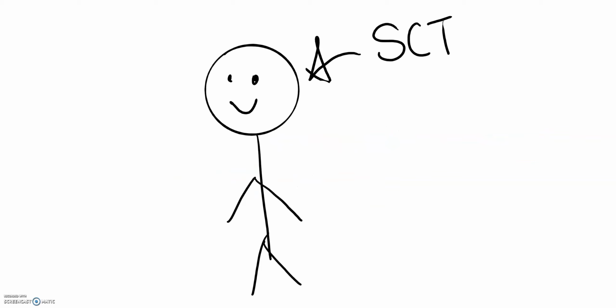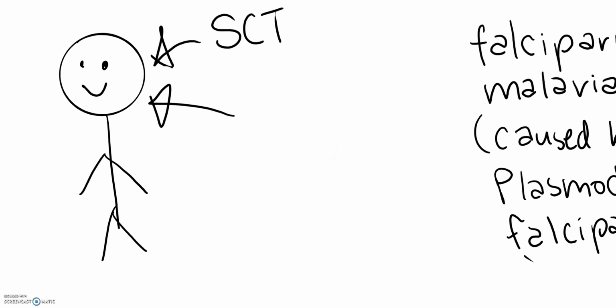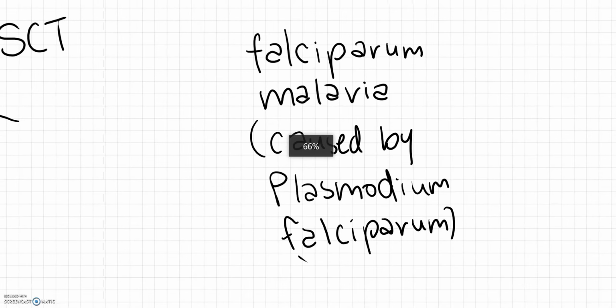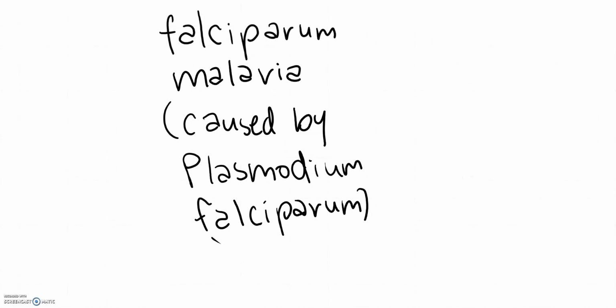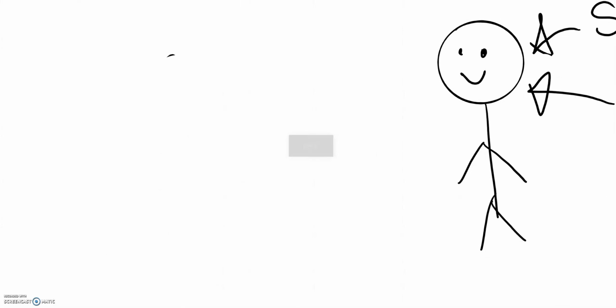One interesting fact about this genetic condition is that supposedly people with sickle cell trait, like this dude here with SCT, or sickle cell trait, are protected against malaria such as falciparum malaria, which is very, very dangerous. That is caused by Plasmodium falciparum. So we have this other dude.